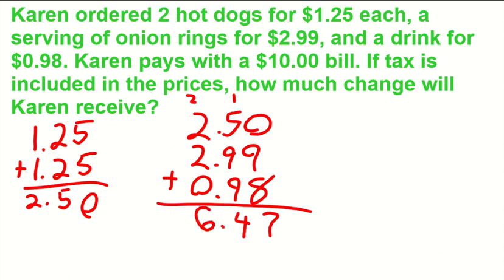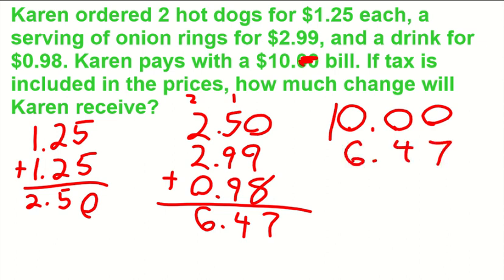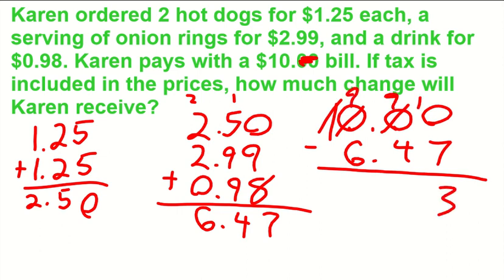You get $6.47. So then we got the $10. If the $10 didn't have the 0 cents after it, you'd still want to add it for your subtraction so you could line things up. And like you said, $3.53.